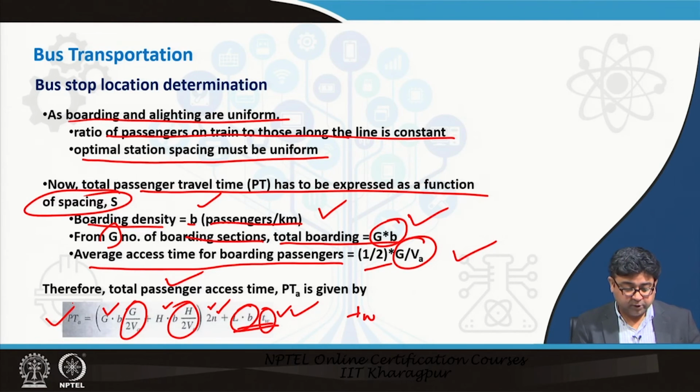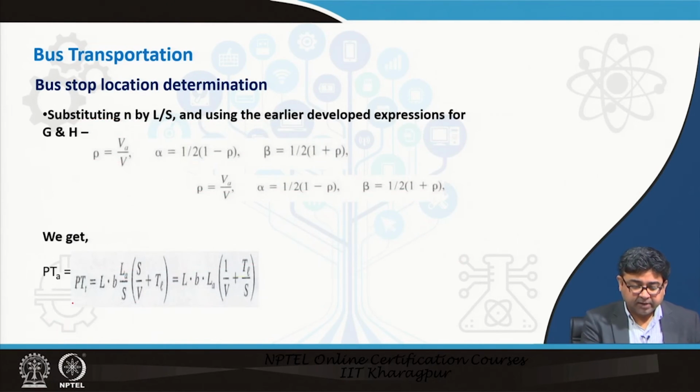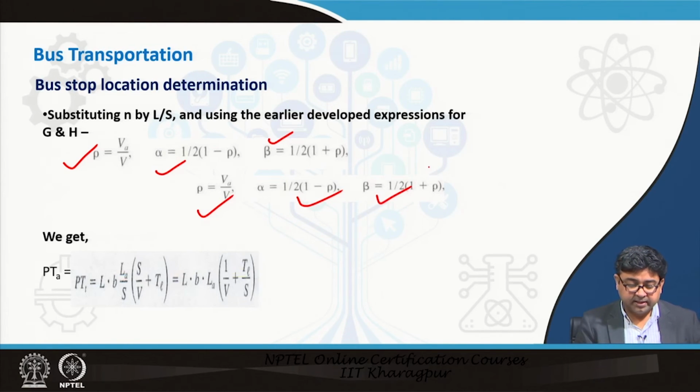Okay. Now we know P T A, and again if you substitute those constants that we had already developed previously into this equation, what you will get here is P T in terms of spacing again, right. Remember, we have to get P T A in terms of spacing. So, we have to convert everything in terms of spacing, so that we are eventually looking to space the stations along the transit line or along the metro line, right.